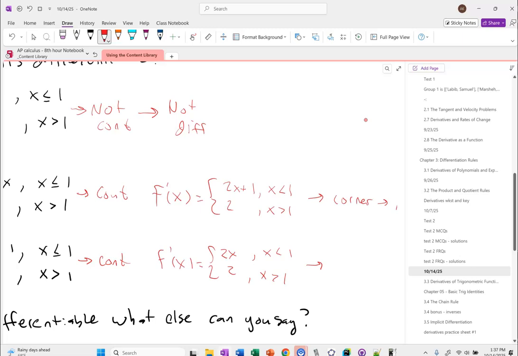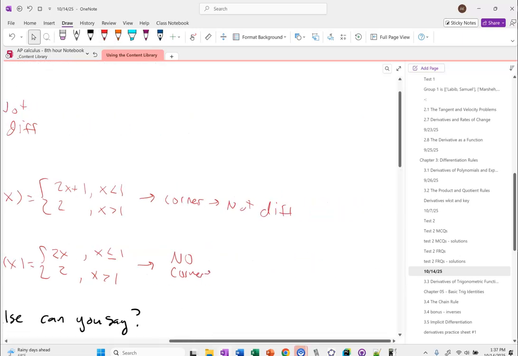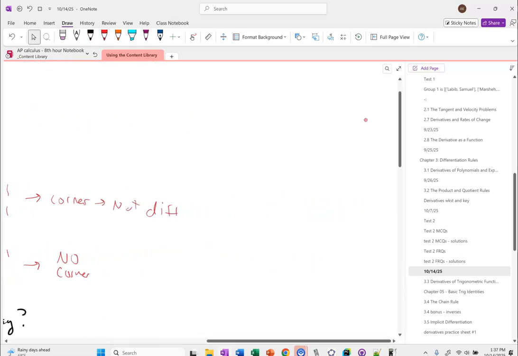As we approach 1 from the left. And what's the derivative from the right? 2. Those are the same. What does that tell you? No corner. And then we've eliminated all the possible reasons why it might not be differentiable. So we know it's going to work.